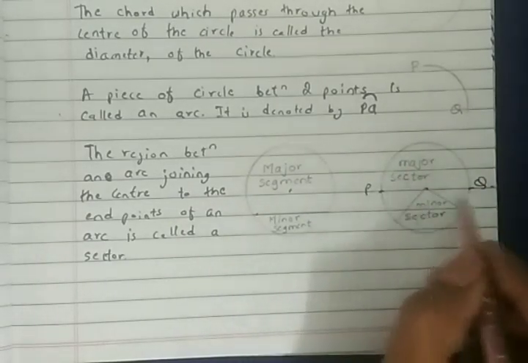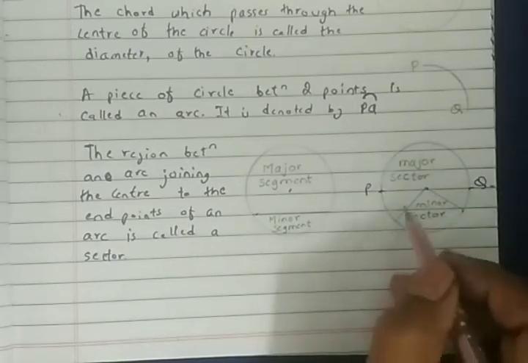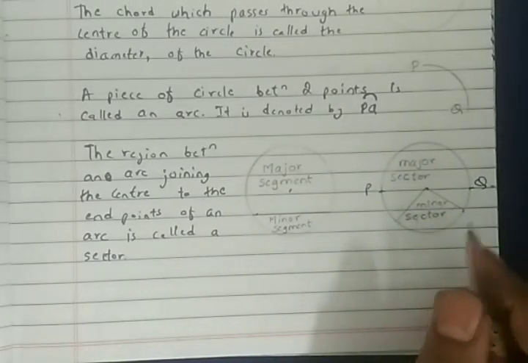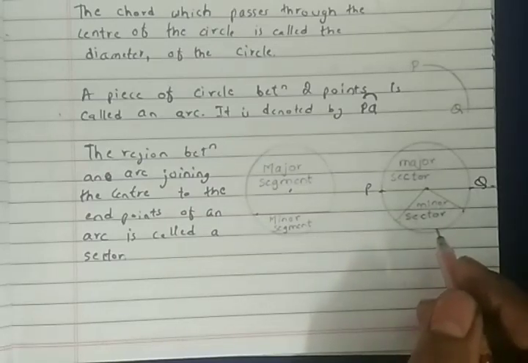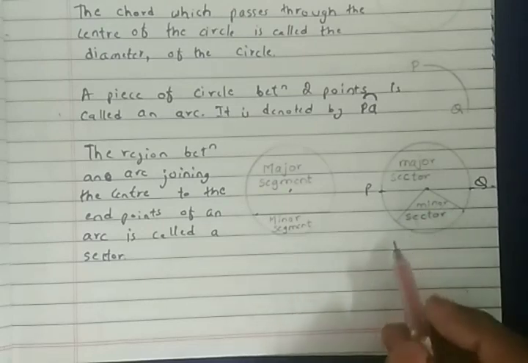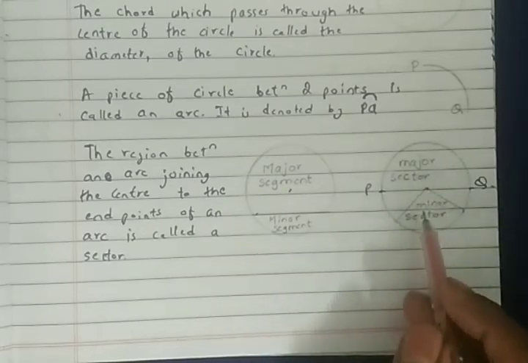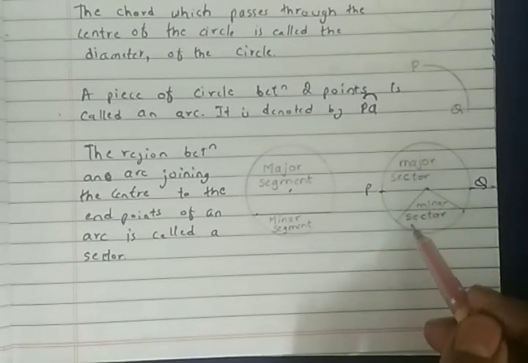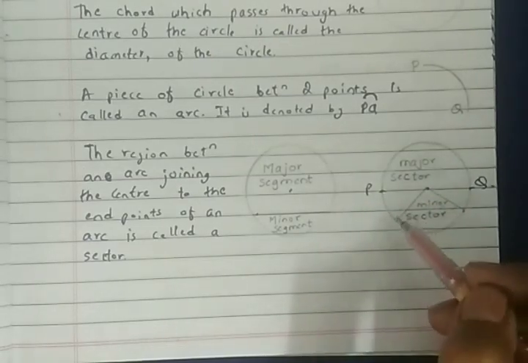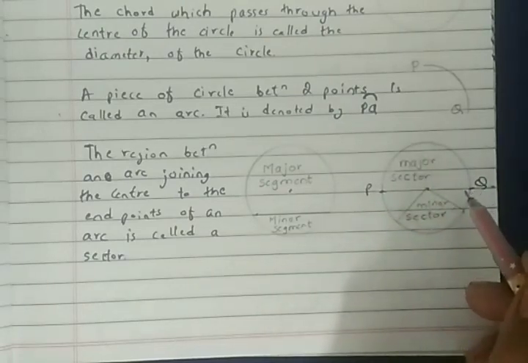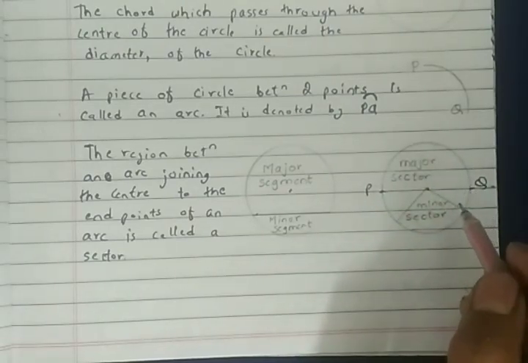This is a circle and this is a semicircle, this portion. These two will be equal. Okay, now we will define a major sector. What is a major sector? The minor arc corresponds to minor sector, and this major arc corresponds to the major sector.